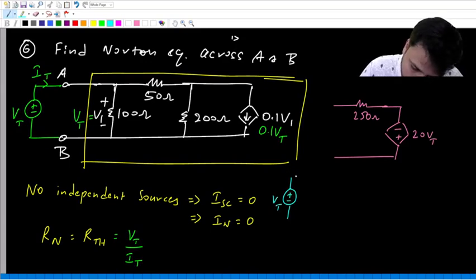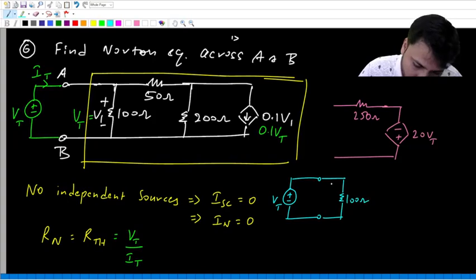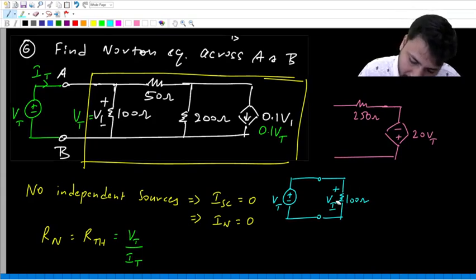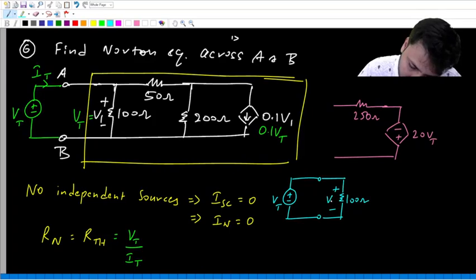So what will the total circuit be? This is VT, and then we have the 100 ohm resistor, across which the voltage drop is V1, which is VT.